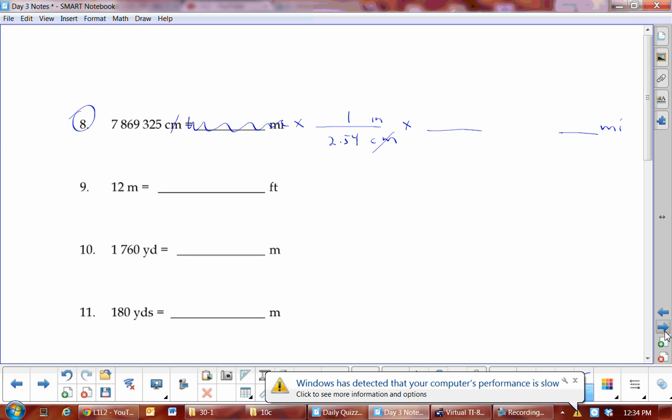No? Okay, so I think we got to go feet and then feet to miles, right? If we're stuck in this one already, let's get out of this one, okay? Let's not erase it and go, because probably you would do that, but let's do this one. Let's get ourselves out of this hole.